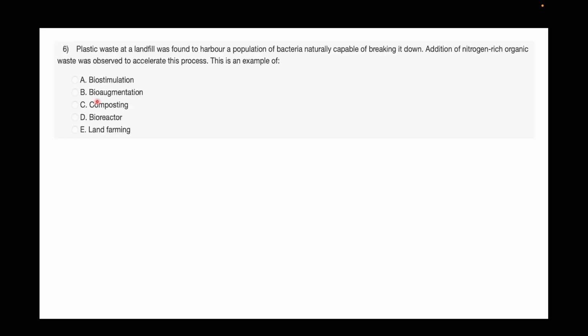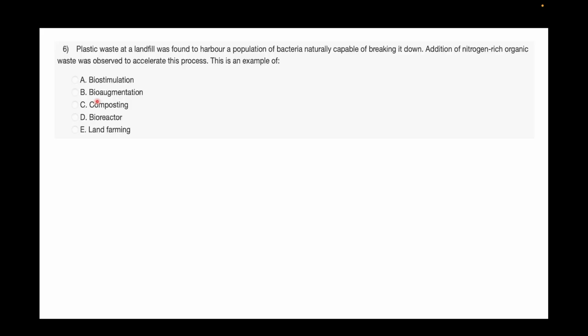I hope you understood the question. There is a plastic waste at a landfill which has naturally occurring bacteria that can break the plastic. But it is observed that after adding nitrogen rich organic waste, this process is accelerated. This is an example of which method?